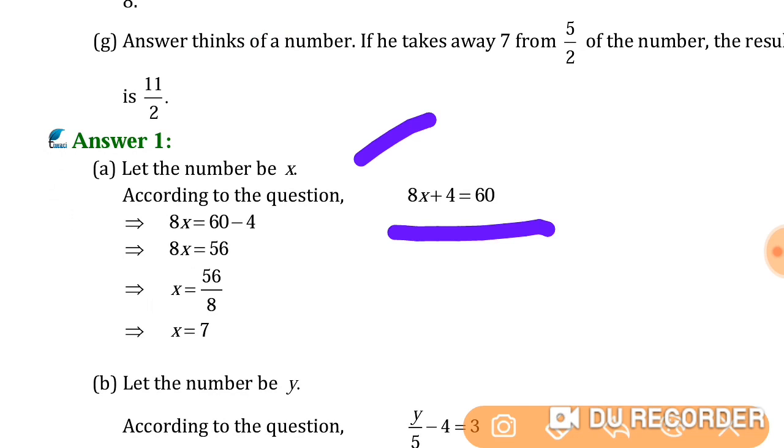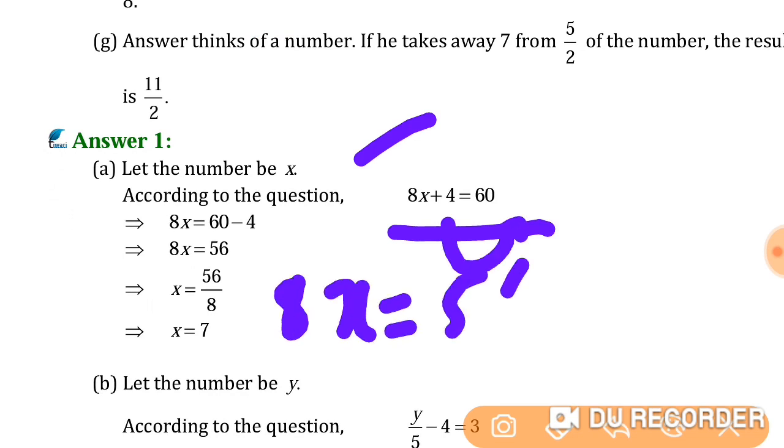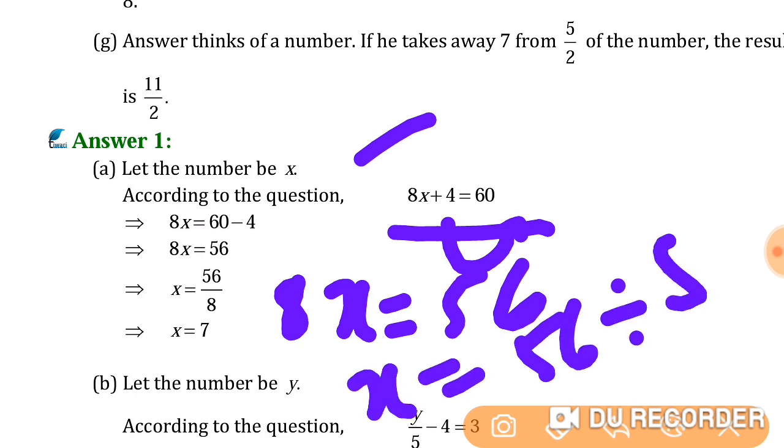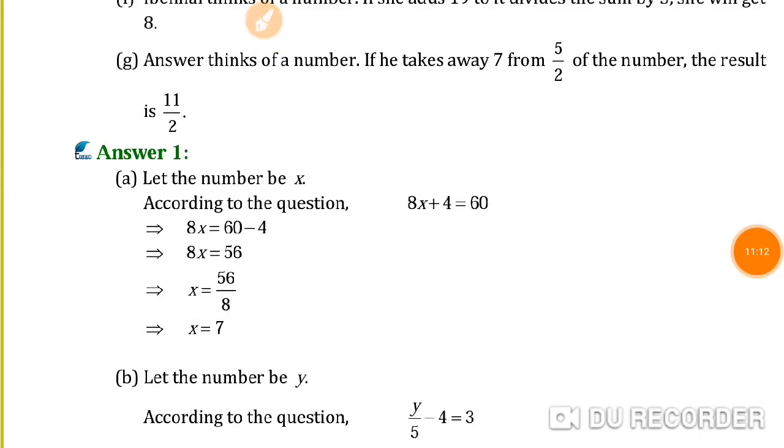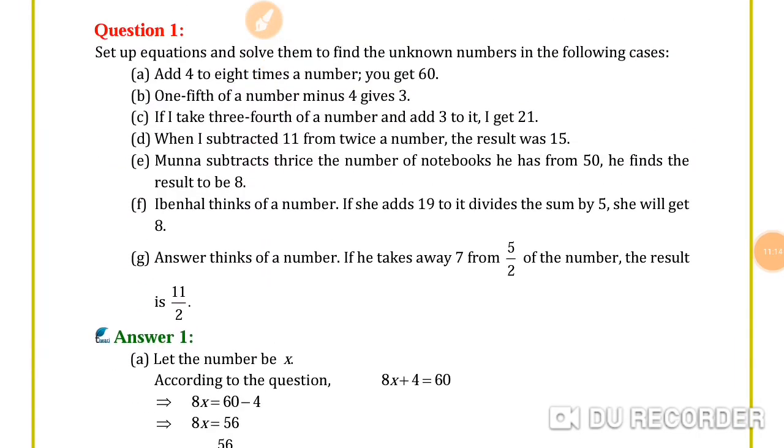Then 8x, 4 you transfer that side, it becomes 8x is equal to 56 because 60 minus 4 is 56. So x only we need, 56 divided by 8 gives 7. So that unknown number is 7 here. This is how you have to solve here. Okay, I'll go for the next.